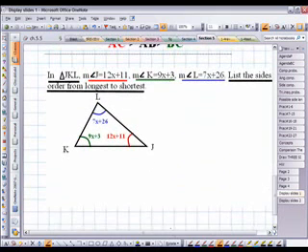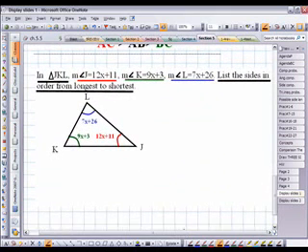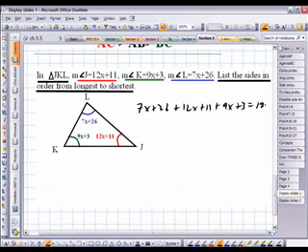Okay, this time we're given angle measures algebraically. We want to list the sides in order from longest to shortest. So let's find these angles. Well, last time we were given a perimeter. This time we're not given such information, but you don't need it because you do know that in every triangle there's a total of 180 degrees measure. So 7 and 9 is 16 and 12, so 28x, and then 26 and 11 is 37 plus 3 is 40 equals 180.